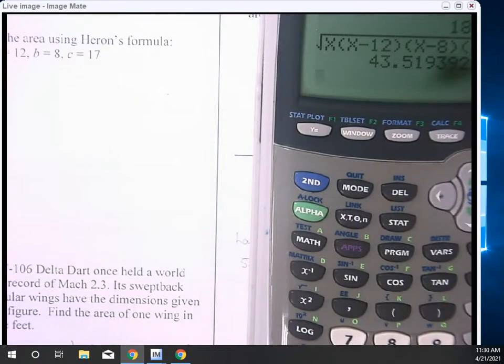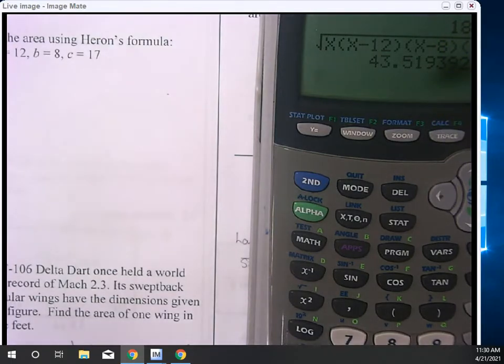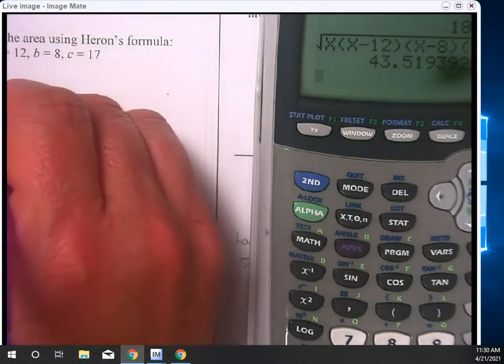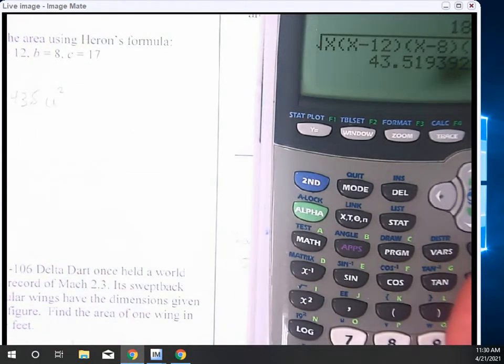I like using the store because once you get it stored in there, you don't have to type 18 point whatever again and again and again. The area is 43.5 units squared.